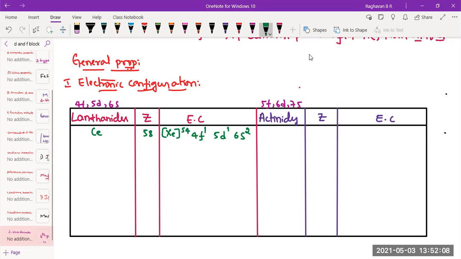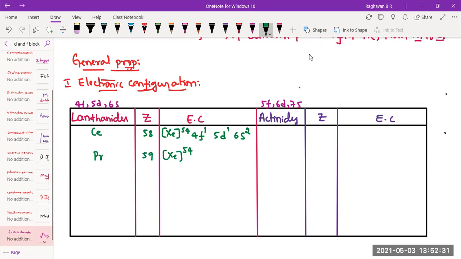Now coming to cerium: xenon 54, 4f1, 5d1, 6s2. So totally 58. Likewise, the next element, praseodymium, 59. Xenon 54.